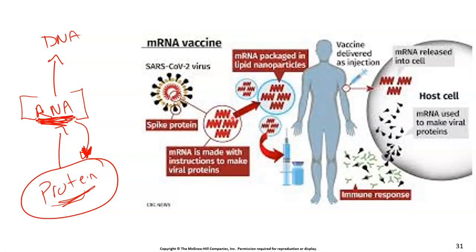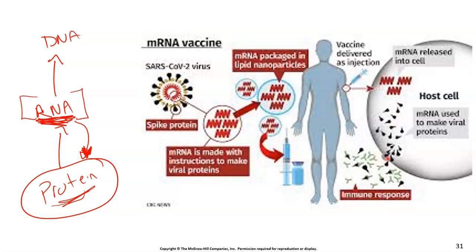So the vaccine consists of mRNA, which we can give to our own cells that are packaged through these lipid nanoparticles, which are just little fat particles, so your body won't destroy it before it gets to the cell. Once this mRNA message gets inside of your normal cell, it will use its ribosomes to make little tiny spike proteins.